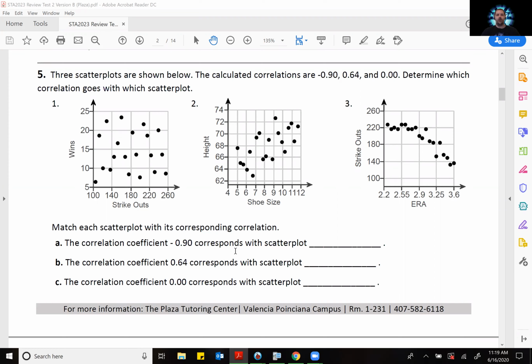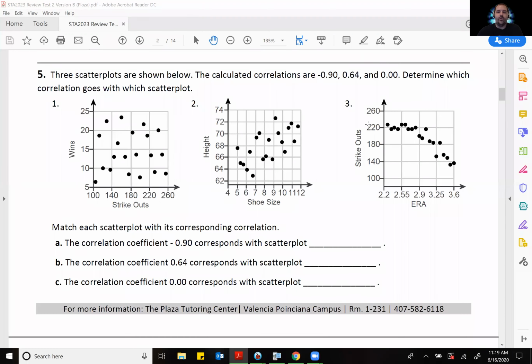Okay. So we want to know which one of these has that correlation coefficient of negative 0.9, 0.64, and 0.0. The easy one to start with, I would begin with one of these two outside ones.